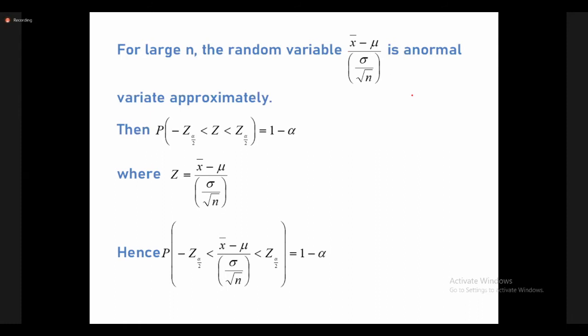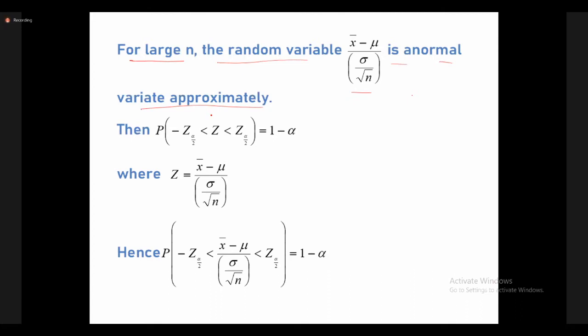See here, all of you remember that formula. For a large sample, large n, the random variable x bar minus mu by sigma by root n is approximately a normal variate.